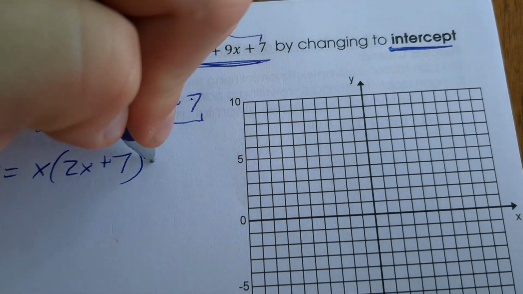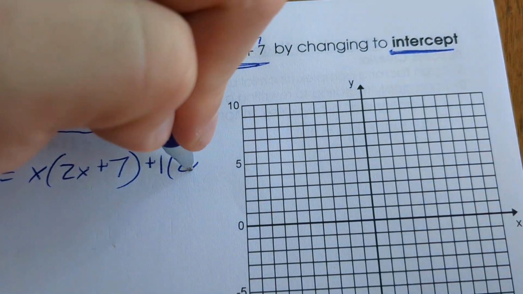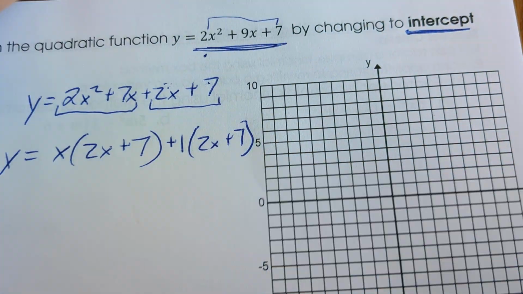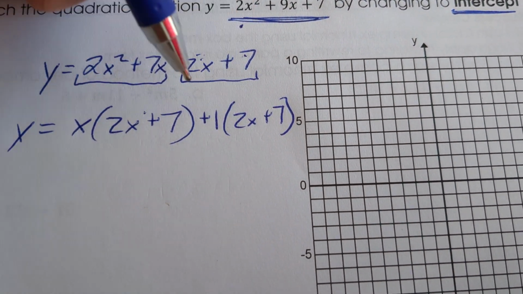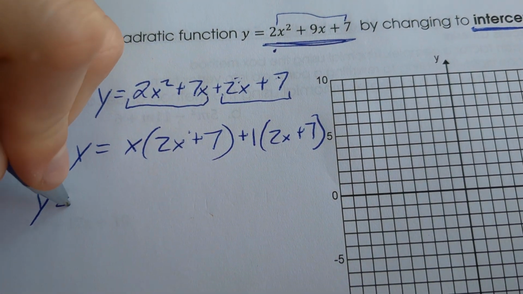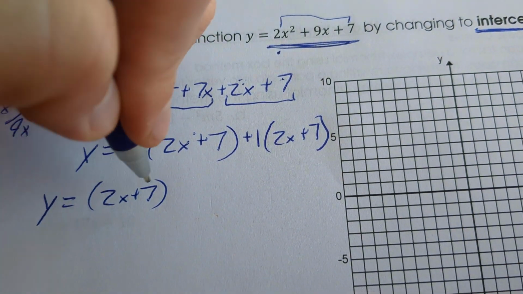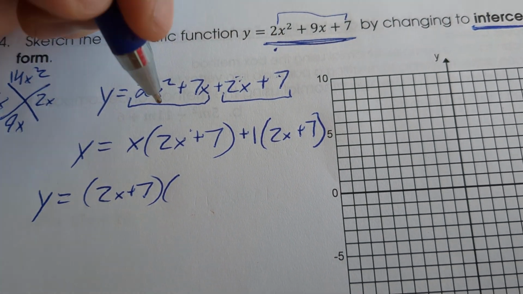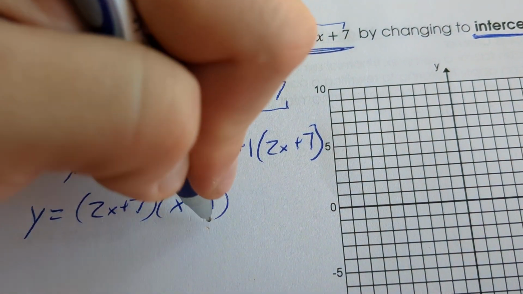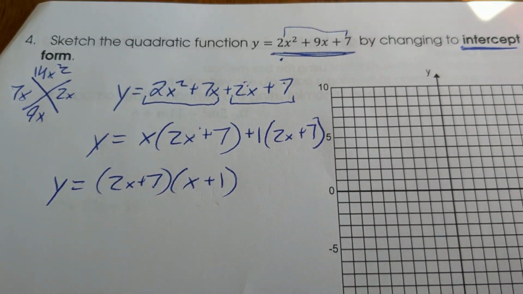So if that's the only thing, we do pull it out. And then we just have 2x plus 7. And this worked out well. We have a 2x plus 7 in both brackets. So we just write what we're left with, which is 2x plus 7 times x plus 1.